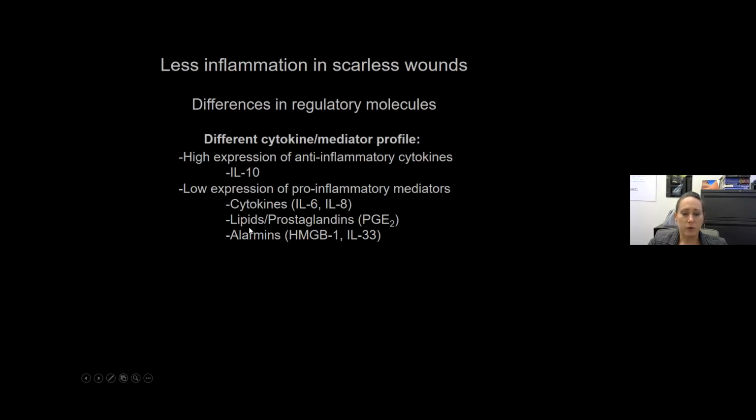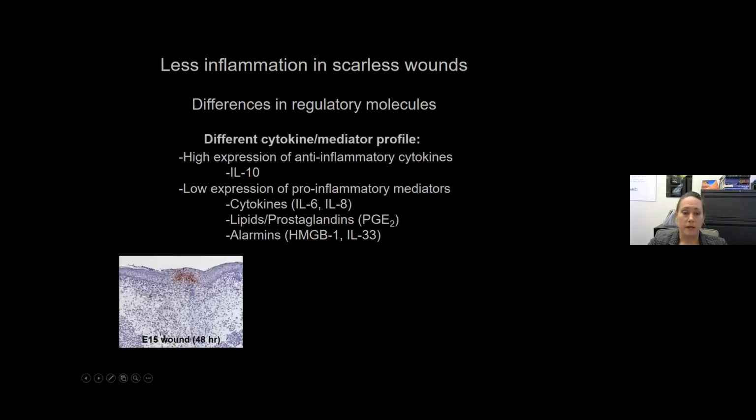From our work, we know that alarmins are upregulated in scar-forming wounds. I'm showing one example here of IL-33. If you look at IL-33 by immunohistochemistry in those early gestation wounds that heal without a scar, there's very little.